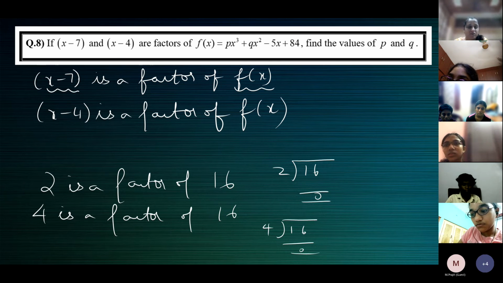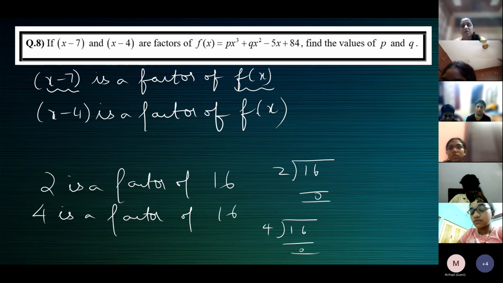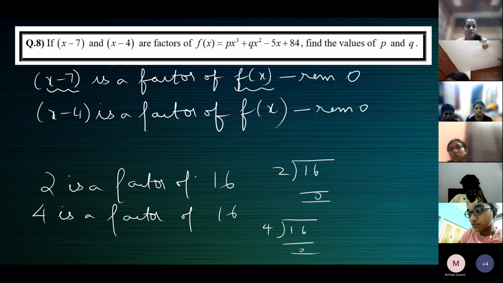It's very clearly given in the question that x minus 7 is a factor of f of x. X minus 4 is also a factor of f of x. So f of x is the dividend. When you divide f of x by x minus 7, the remainder is 0 because you're dividing by its factor. Here also the remainder is 0.